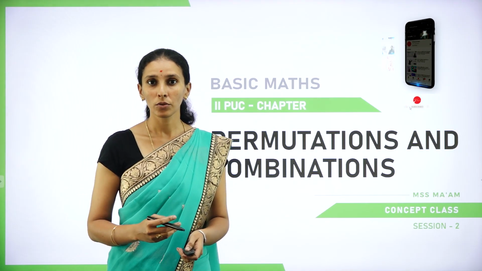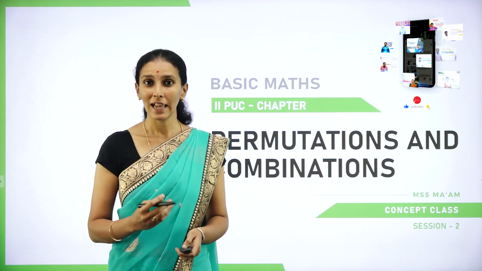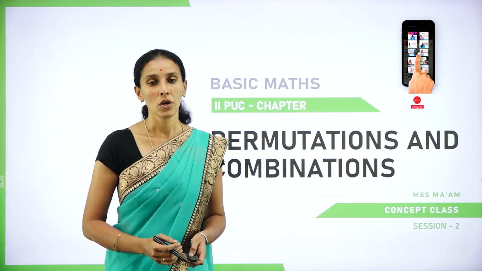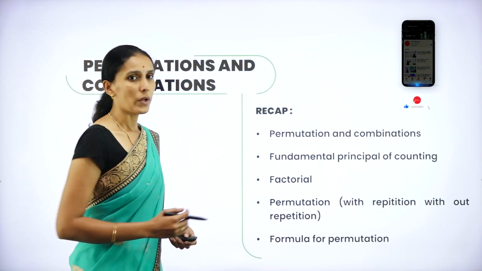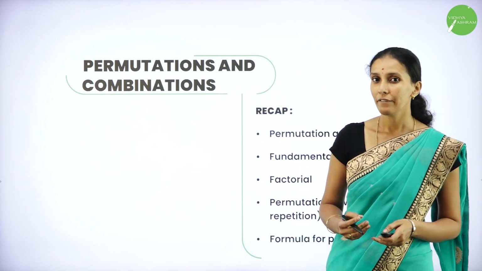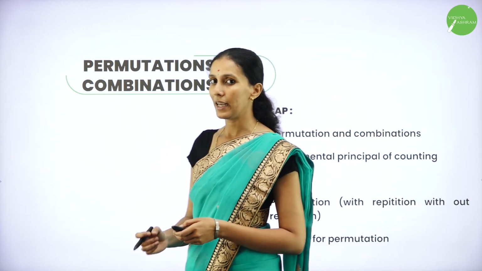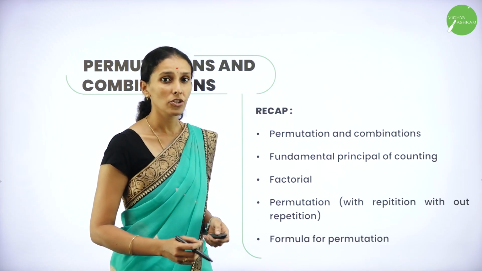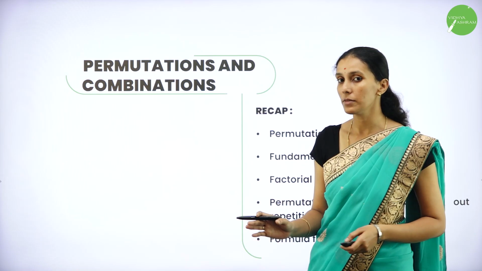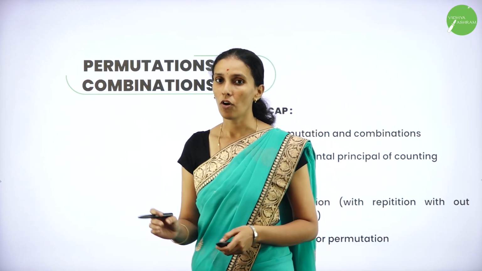But before going to the various types of permutation, let us recall the concepts we learned in our previous session. The first one is the definition of permutations and combinations. As I have given so many examples, permutation means arrangement of objects, whereas combination is nothing but selection of objects.